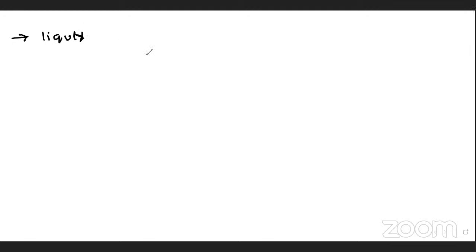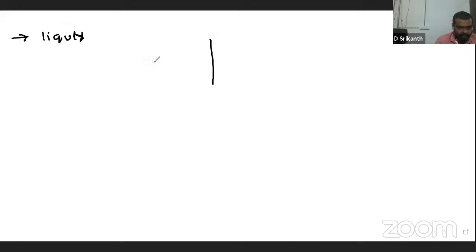Yes, sir. Next, when a liquid of density rho comes out of a hose pipe, that is the back end of the pipe, of area of cross section A, moving with a velocity v, strikes the wall normally. Okay, strikes normally. It will reflect back from the wall and stops here only.